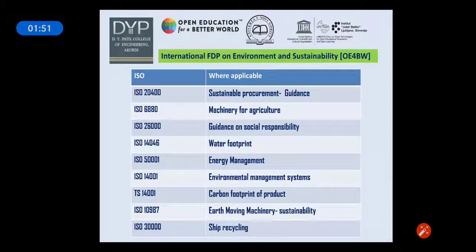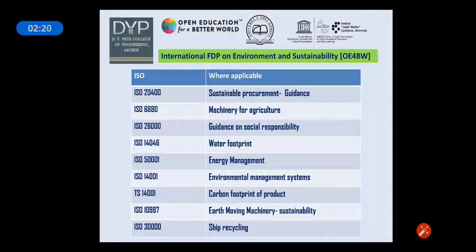Here I have listed some of the ISO standards which are applicable to mechanical-related industries. ISO 20400 is used for sustainable procurement. ISO 6880 is used for machinery for agriculture. ISO 26000 is guidance on social responsibility.